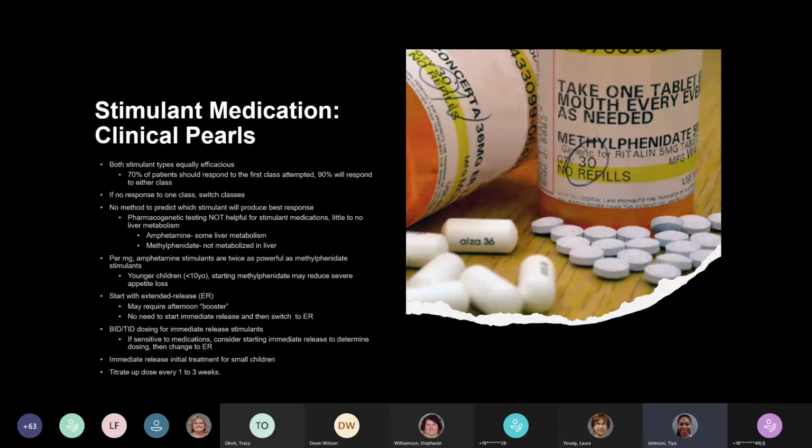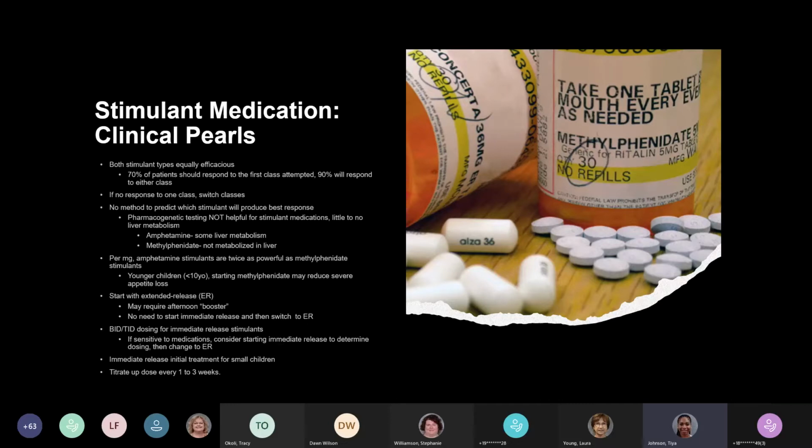I'm just going to go ahead and switch to the amphetamine class, because this kid is not a responder, more than likely, to the methylphenidate class. So instead of switching within the same class, switch to the other class if you get to max dose, or if you're not able to get to max dose because of side effects but it's not improving the symptoms of ADHD.